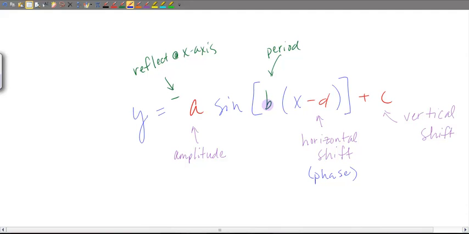We have the period of the function, which tells us how many complete pictures we have. Then, last but not least, the vertical shift. These have different letters than what we looked at above, but it's the same concept as when you originally translated functions.